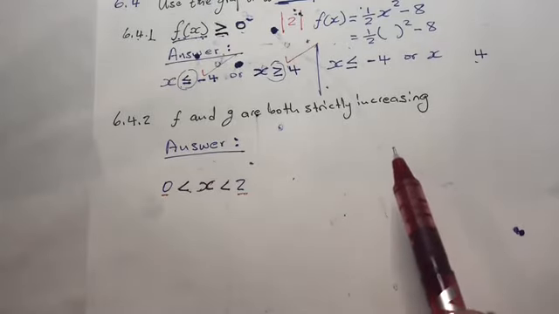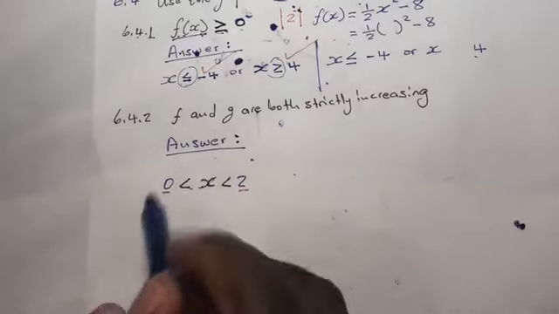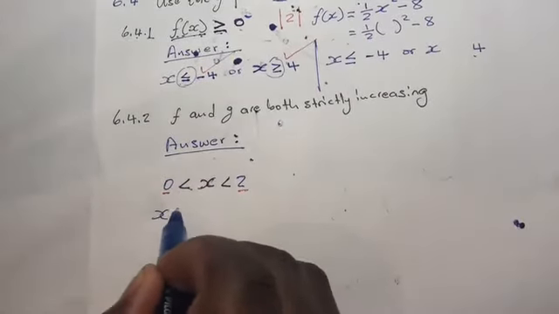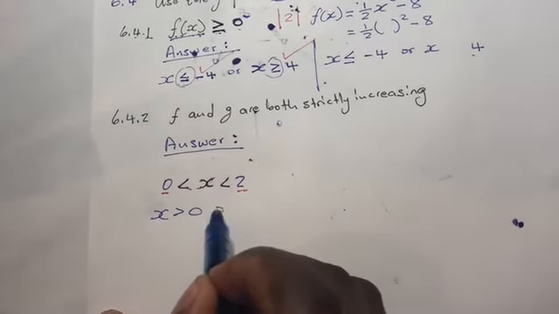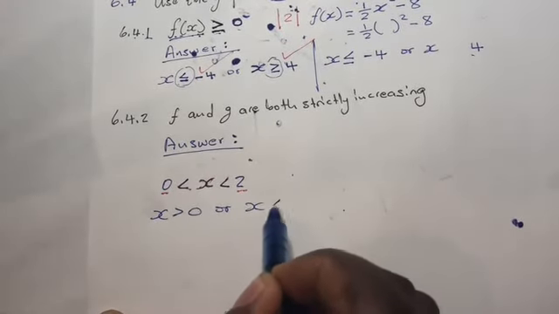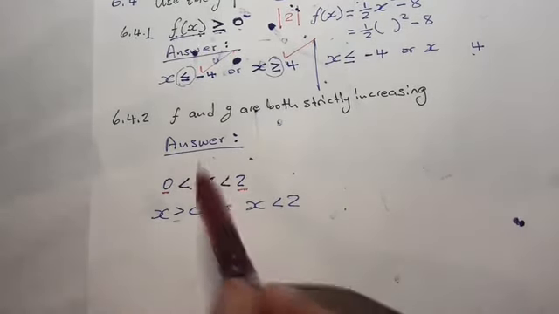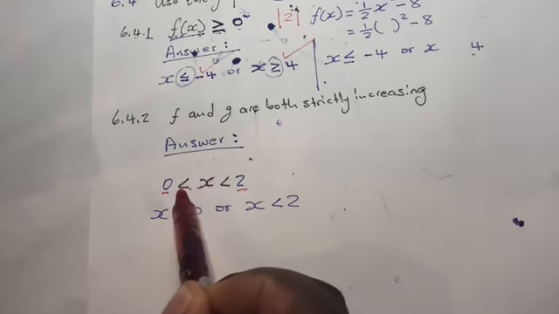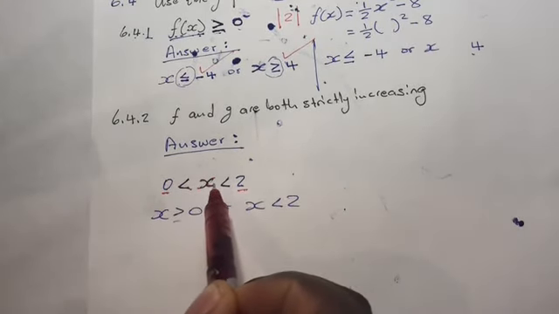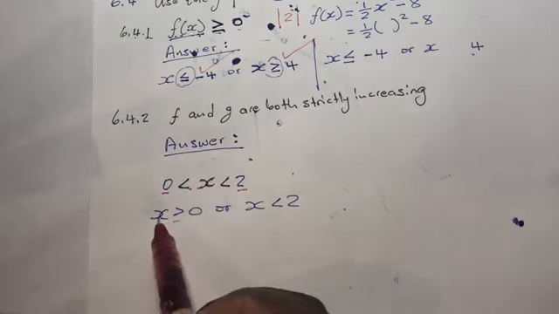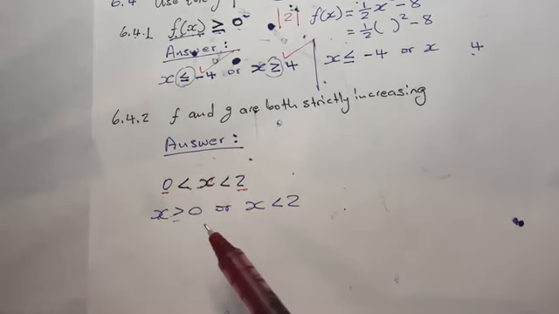Otherwise, in other words, one can still say x is greater than 0 and x is less than 2. Why am I having a sign changed there? It's because we are saying 0 is less than x, so that means x is greater than 0.